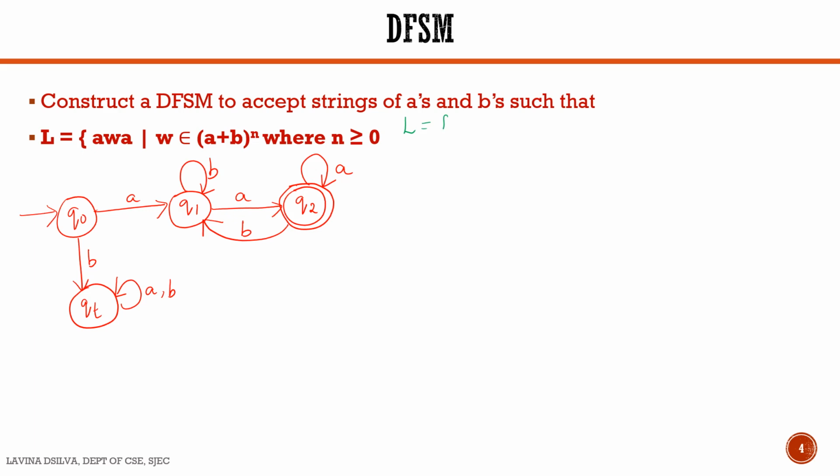We know the minimum string of the language is AA, and then we'll use a 3-letter string, A, B, A. After that, we can have 4-letter strings, A, then A, B, A, B, A, etc. Make sure that these two characters, that is the start and the end characters, should be A. So we have start and end A. Here starting character, ending character A.